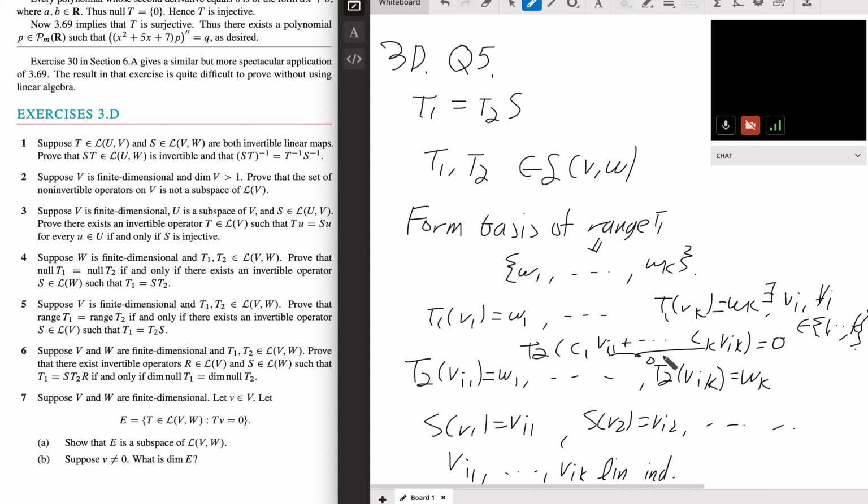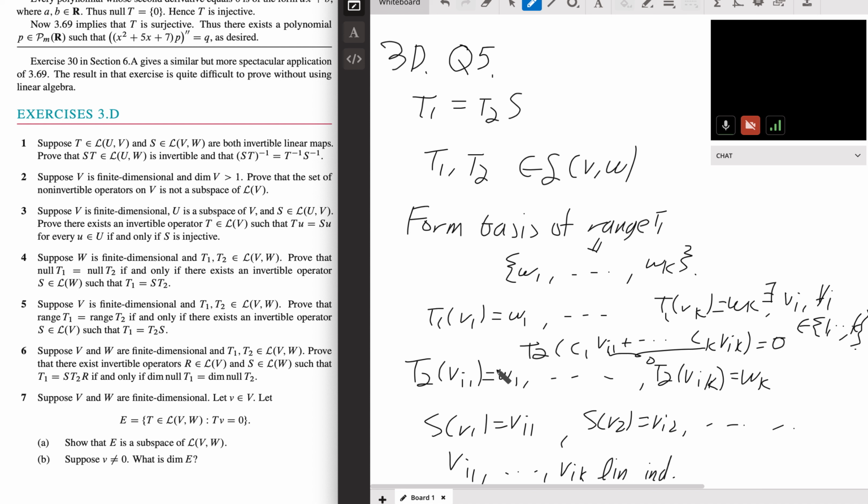So if the Vi's are all linearly independent, then to map from a linearly independent set Vi1 through Vik to W1 through Wk. Oh wait, sorry, no, that's not what you want to do.